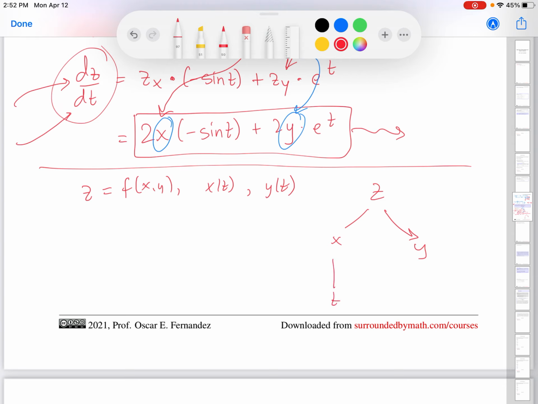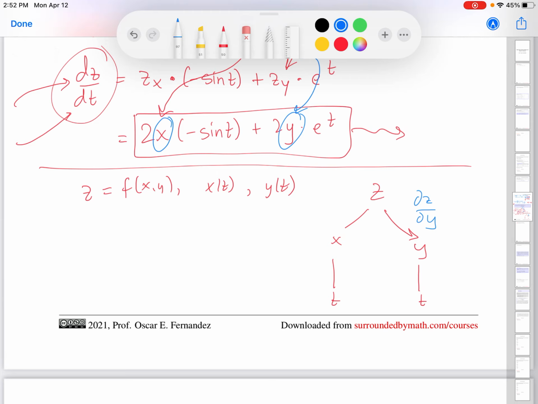And x is a function of t, y is a function of t. And then I can write in here the corresponding derivatives. Because z is a function of two variables, I'm going to ask myself, how do I get from z to y? Well, I have to take a partial derivative, because y is not the only variable that z depends on.